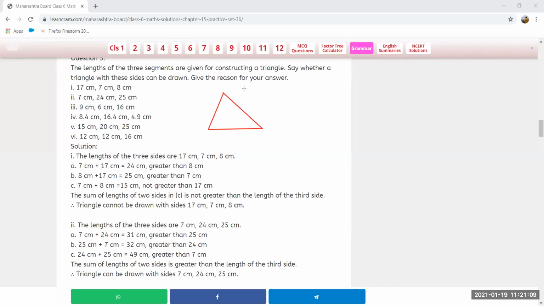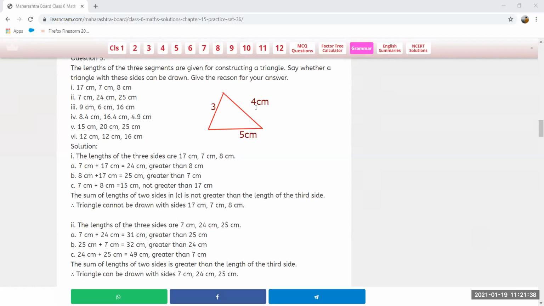Now if this side is 3 centimeter, this side is 5 centimeter, this side is 4 centimeter.